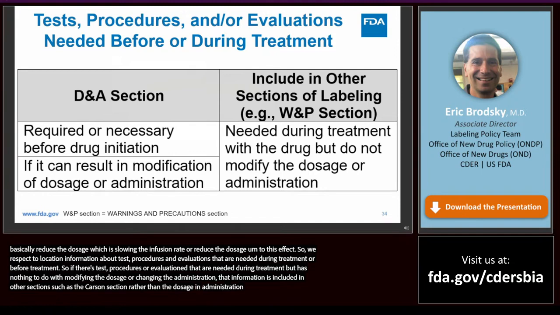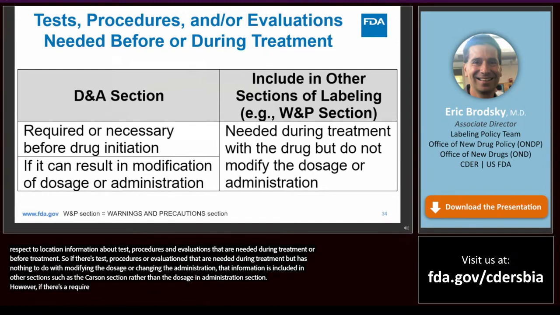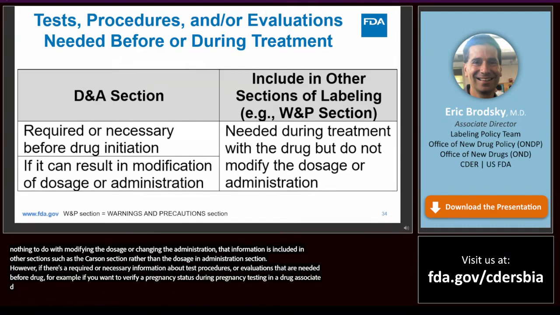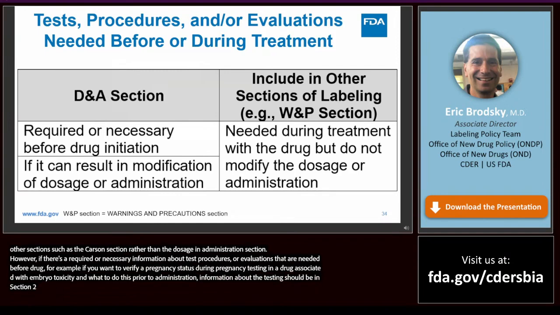However, if there is required or necessary information about tests, procedures, or evaluations needed before drug initiation, for example, verifying pregnancy status with pregnancy testing for a drug associated with embryo-fetal toxicity, and you want to do this testing prior to administration, information about the testing should be in Section 2, generally in the beginning of the section.